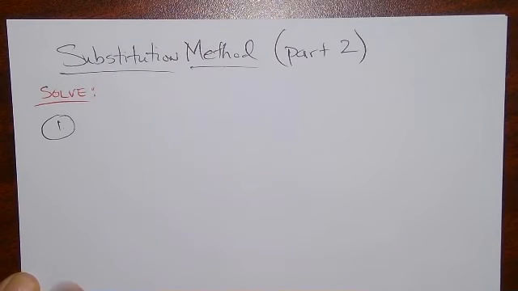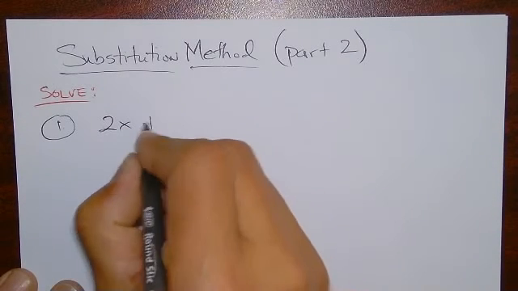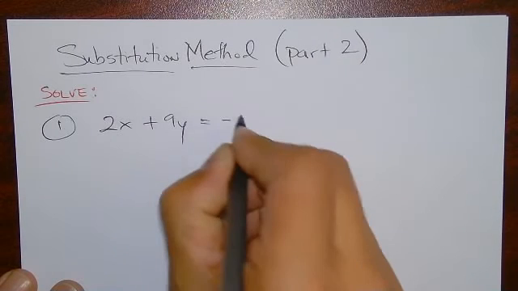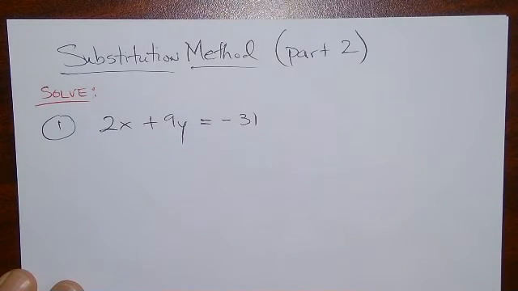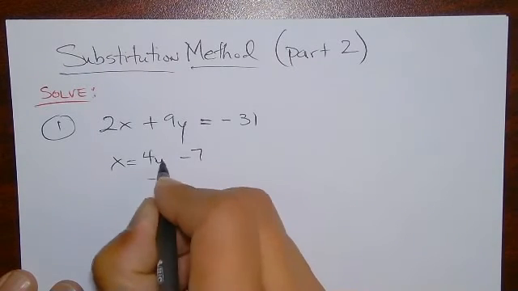Okay, number 1. 2x plus 9y is equal to negative 31, and x is equal to 4y minus 7.